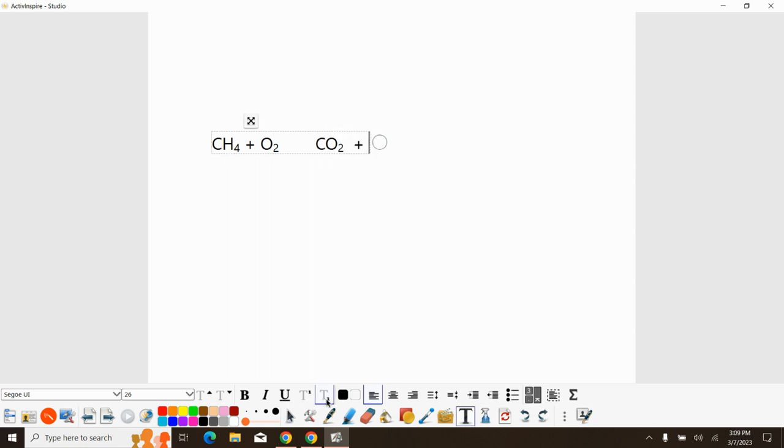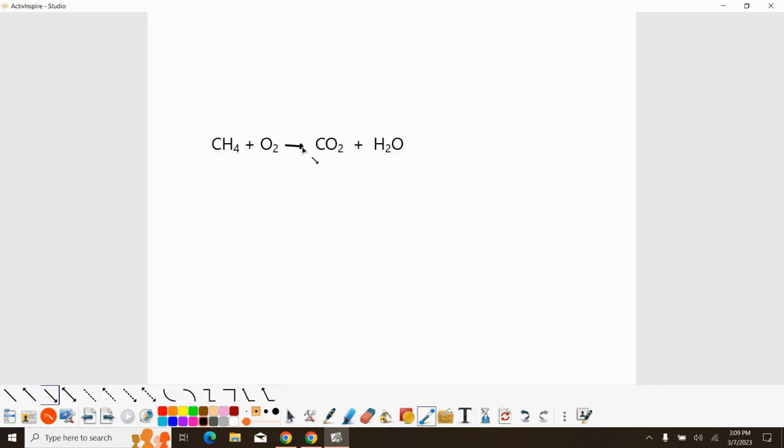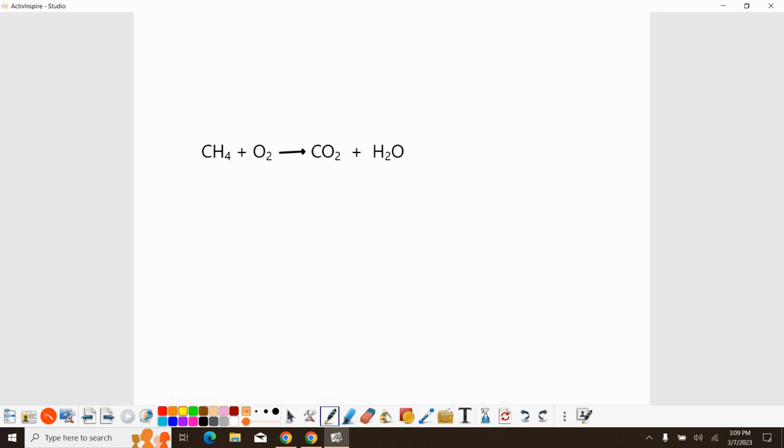If we take a look at this combustion reaction, and this is the combustion of methane, also known as natural gas, so it comes out of the gas jets in the lab. Again, single capital letter means that what you're looking at is an element.